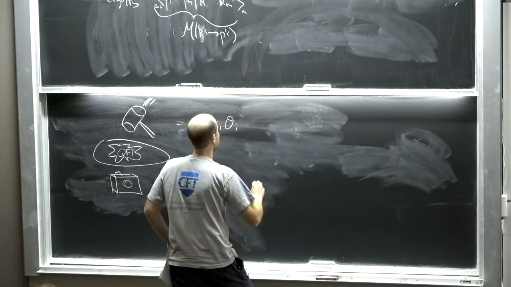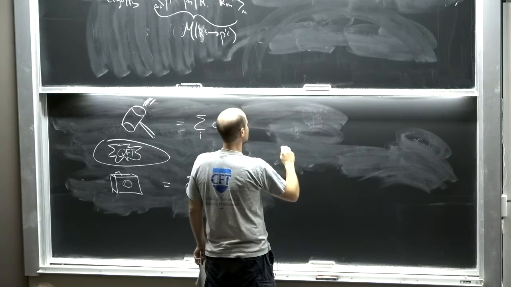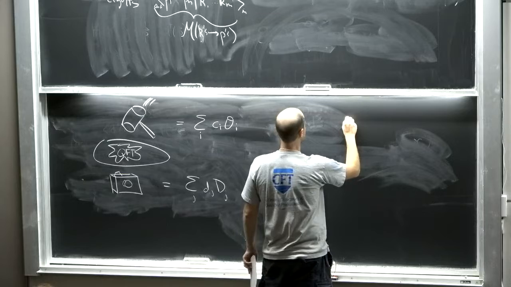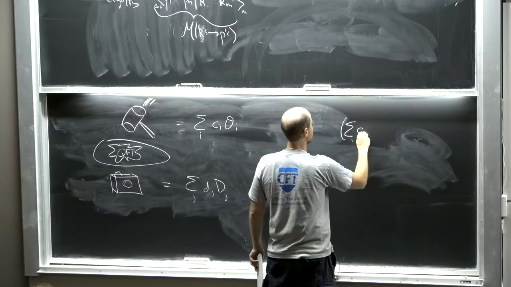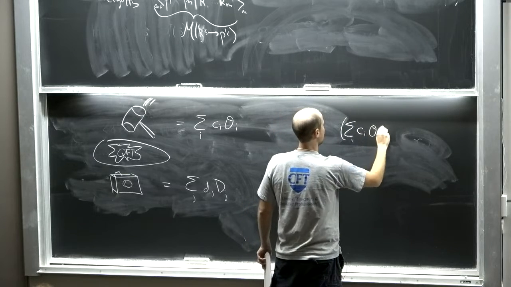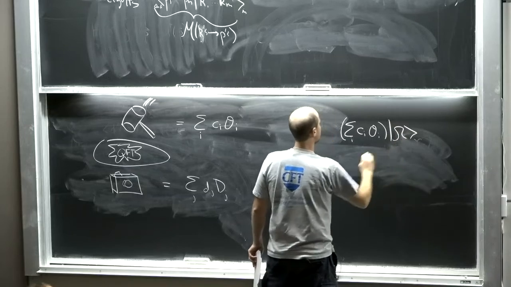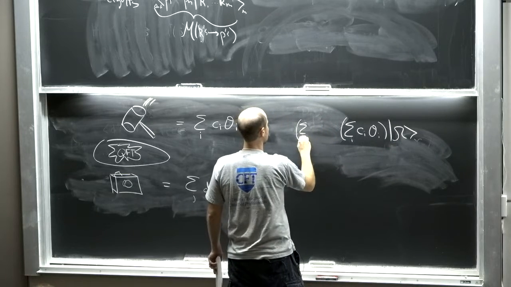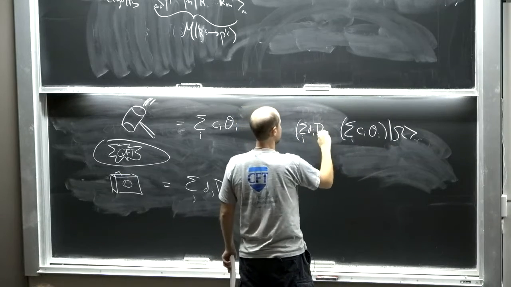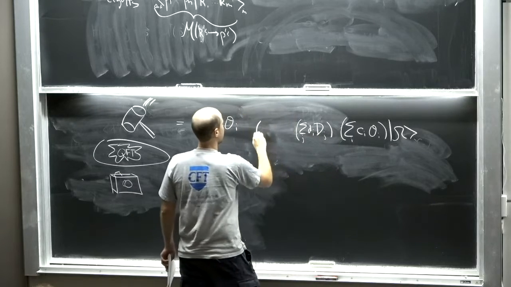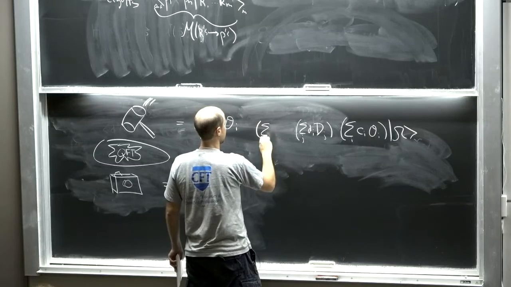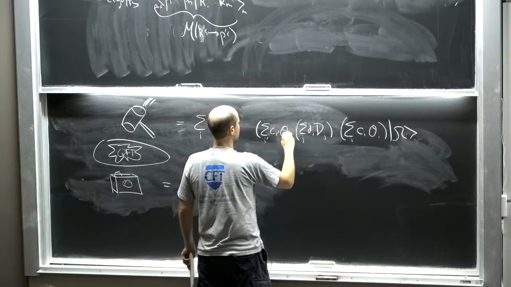in your theory. And what you should do is write it in terms of this expansion: sum over C sub I, O sub I acting on the vacuum state, sum over D sub J times the good detectors, and then sum over I prime, C sub I prime, O sub I prime.